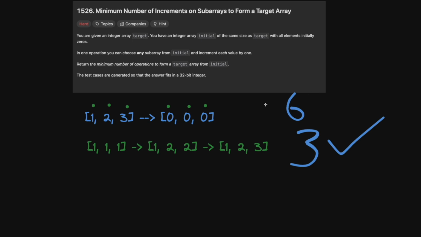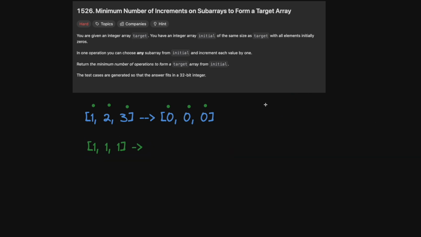And the way that we're going to approach this problem is basically something along these lines. We want to go over our array from left to right. And what we're going to do is take increments in a greedy manner. And we're basically just going to fill our target array as we go along. But we need to be careful that we don't accidentally increment too much.